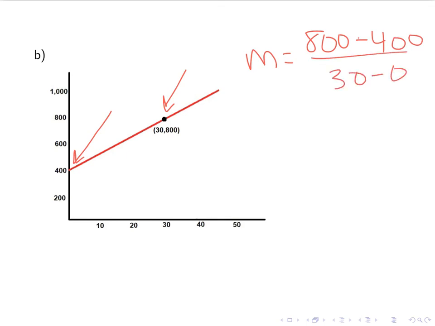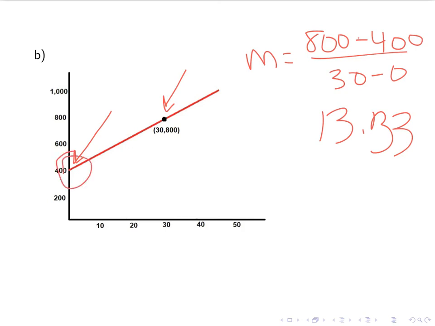That gives me 400 divided by 30. We are going to round this to 2 decimal places: 13.33. Remember, it is a dollar amount, so 2 decimal places make sense. So that's my slope, and then I need either the y-intercept to put it into slope-intercept form, or another point to put it into point-slope form.